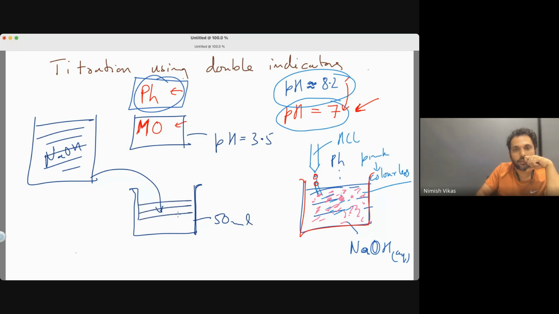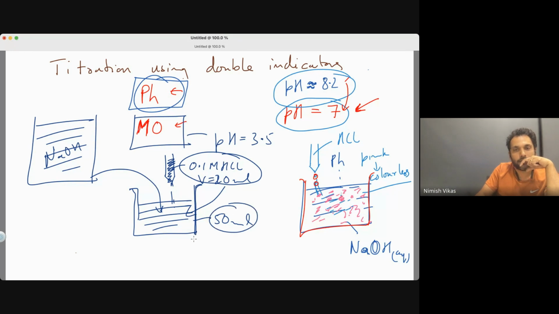And then we are going to neutralize with a known molarity, say 0.1 molarity HCl. We are going to check how much volume was used. So knowing the volume, say 20 ml used, and knowing the molarity, we would come to know the number of moles of NaOH in this 50 ml. Is that clear?